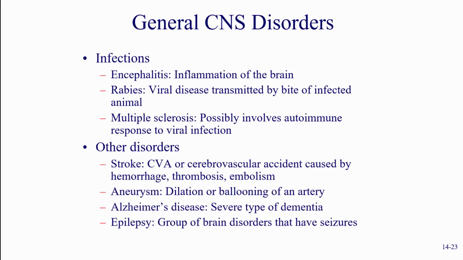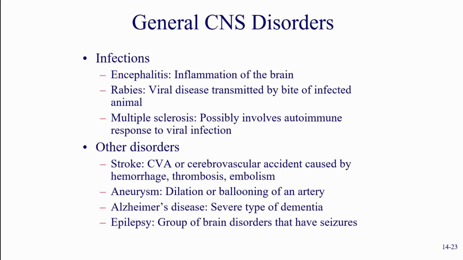And then multiple sclerosis, or MS, possibly involves an autoimmune response to viral infection. Other disorders, we have stroke, a CVA, or cerebral vascular accident, which is caused by hemorrhage, thrombosis, or embolism. So really there are two types of strokes. There's what we call hemorrhagic, which means that a blood vessel has burst and the brain is now bleeding.